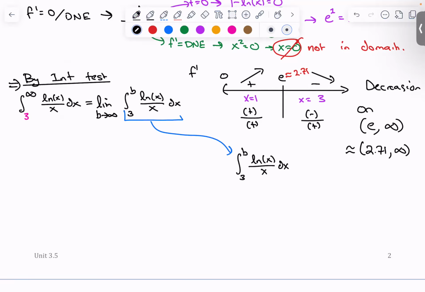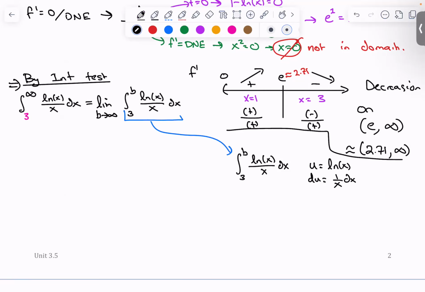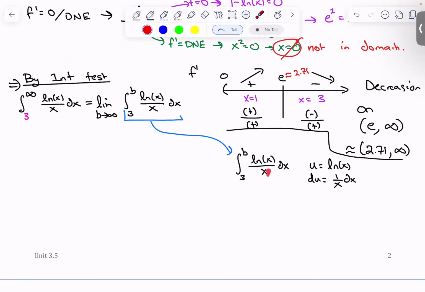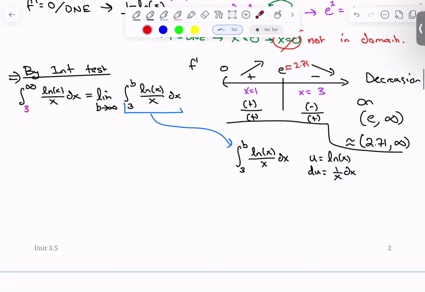If you make u equal to natural log of x, then du will equal 1 over x dx. And notice that that'll allow the over x dx to cancel. So this is equal to the integral from blah to blah of u du. Any questions on that?